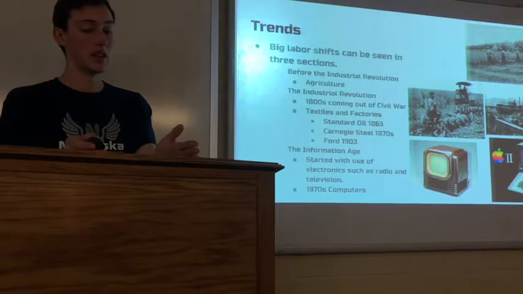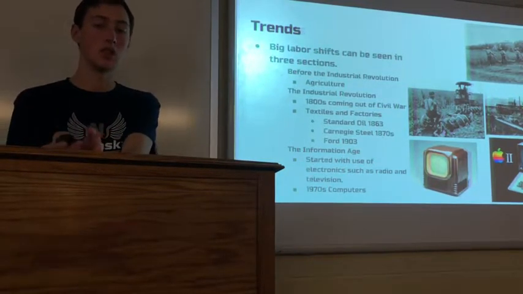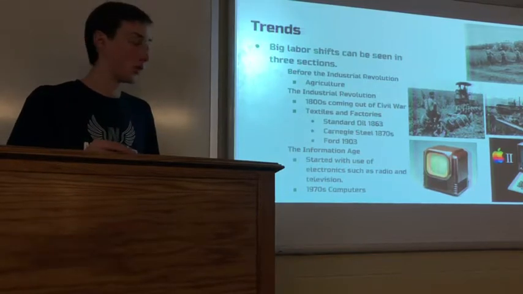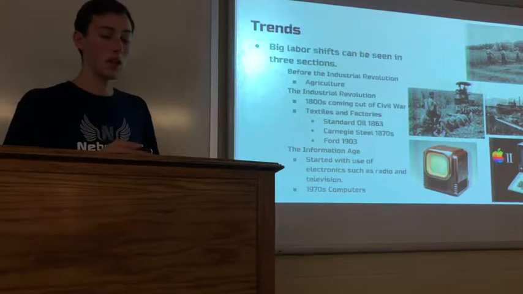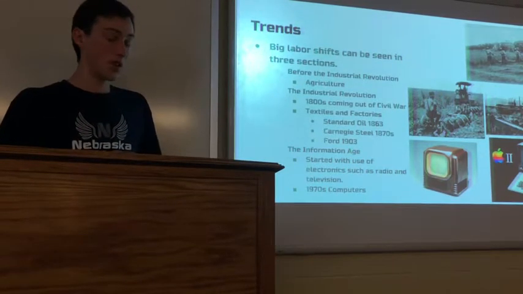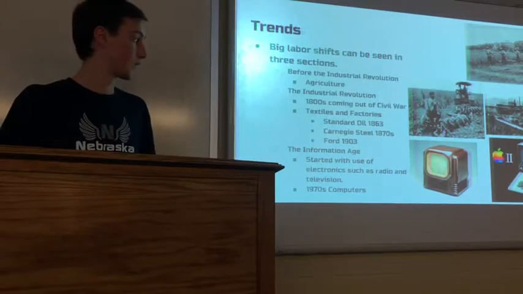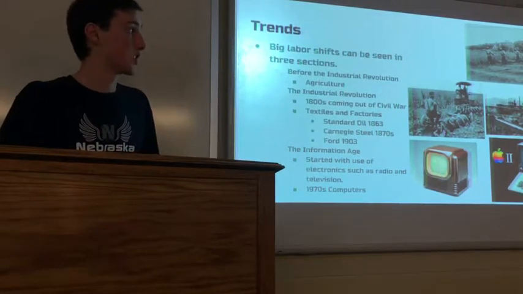And then in the 1970s, you develop electronics and computers. That changes the time to an information age, and then we have a labor change in the service economy, producing services instead of goods.